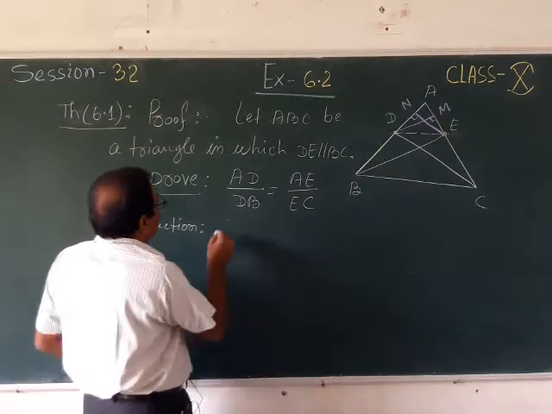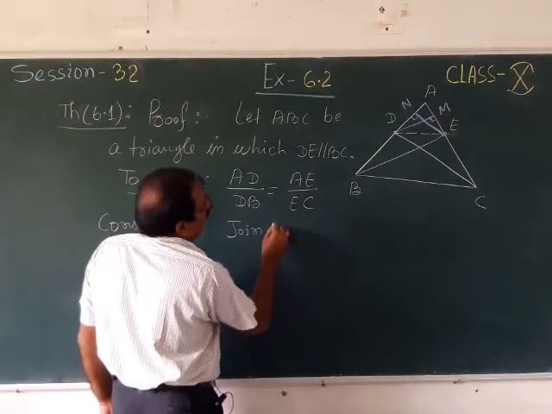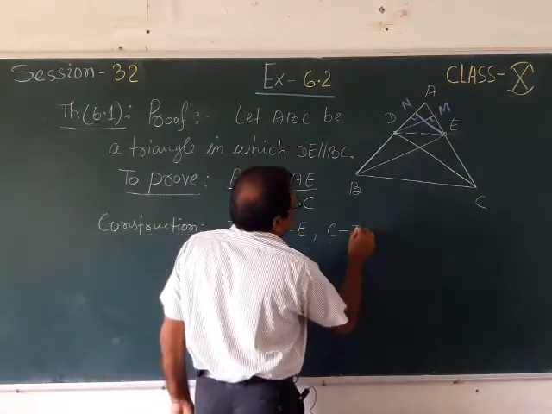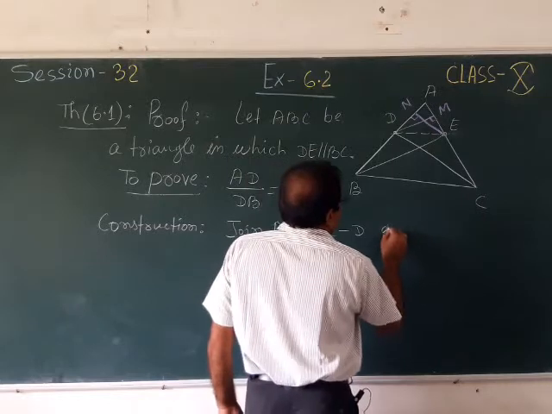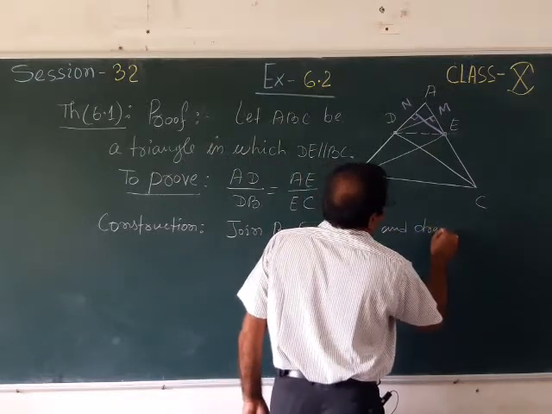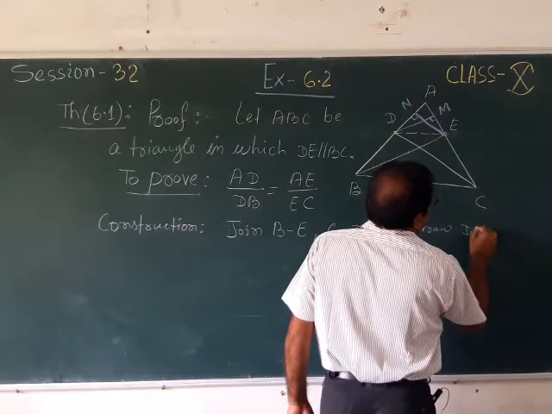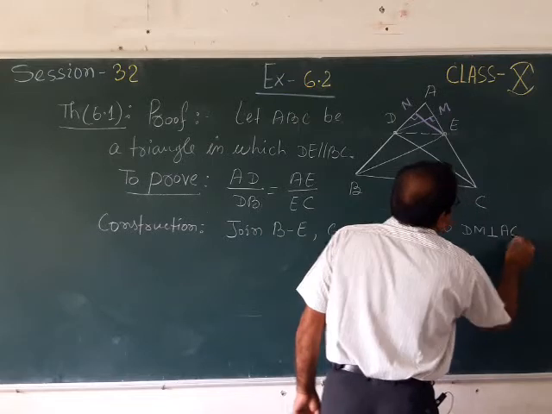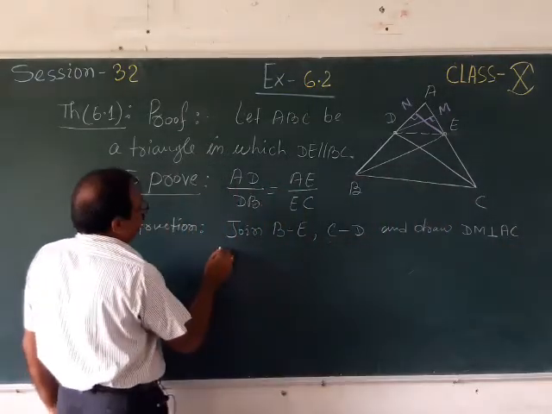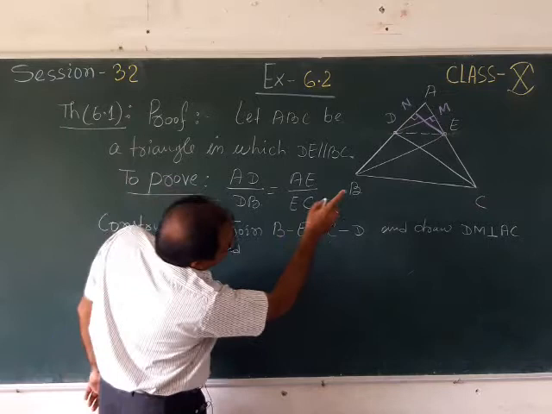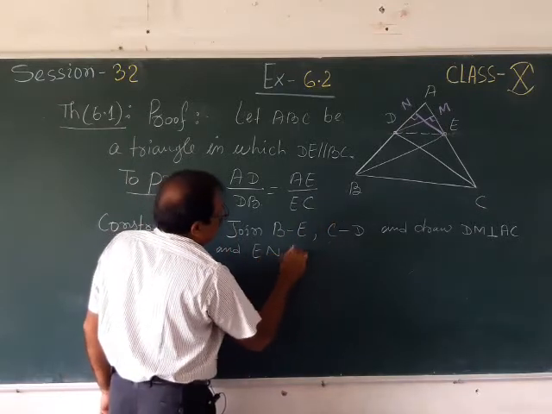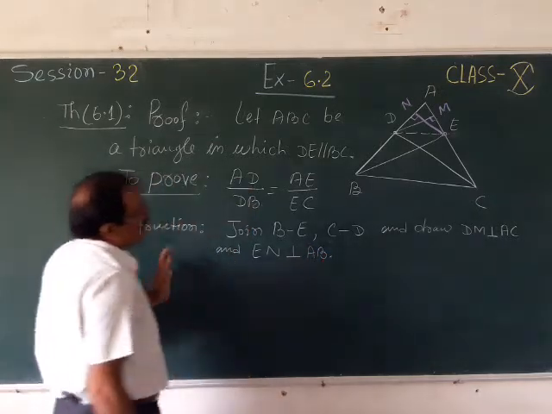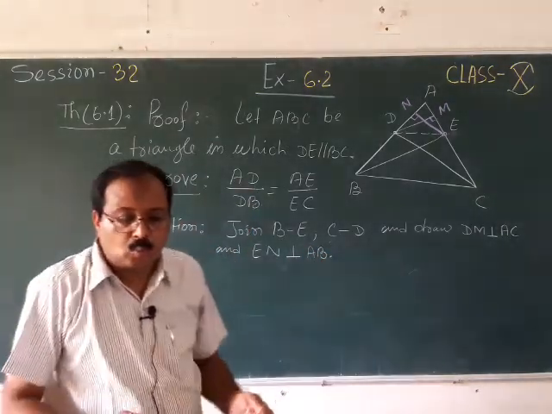First of all, join B to E, then C to D, and draw DM perpendicular to AC and EN perpendicular to AB. This is your construction part which I have done to prove it.